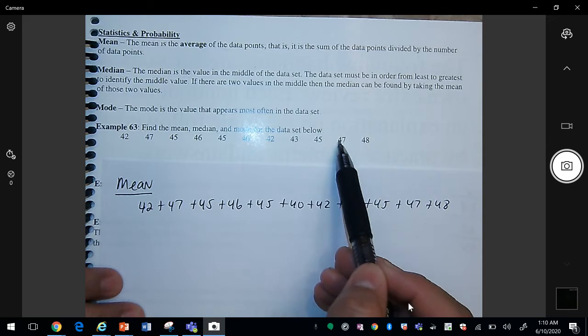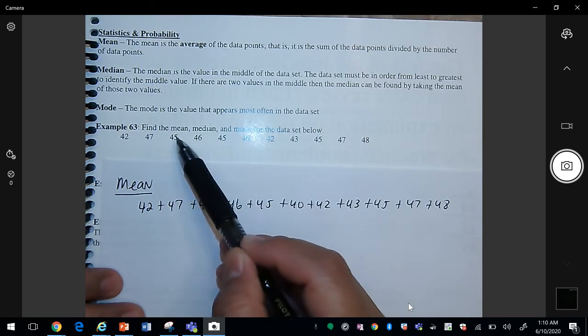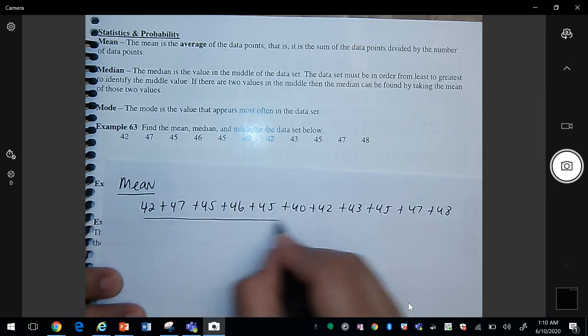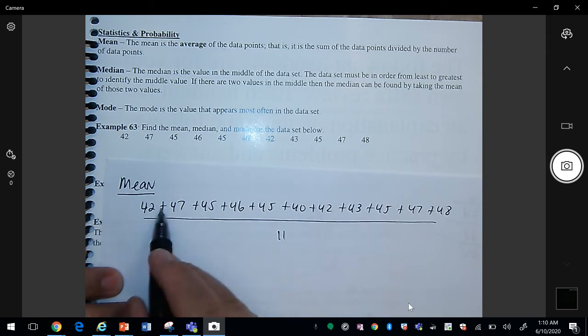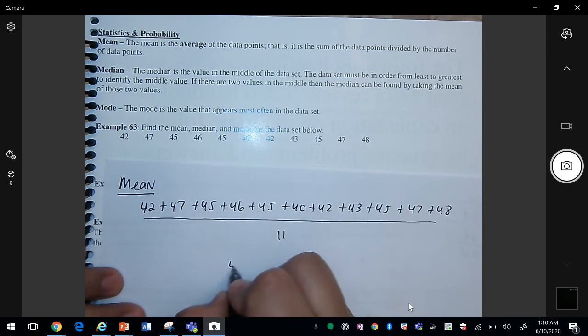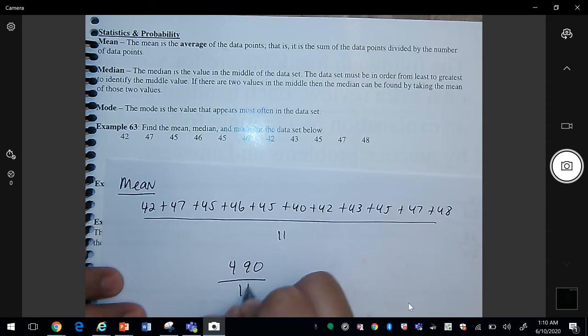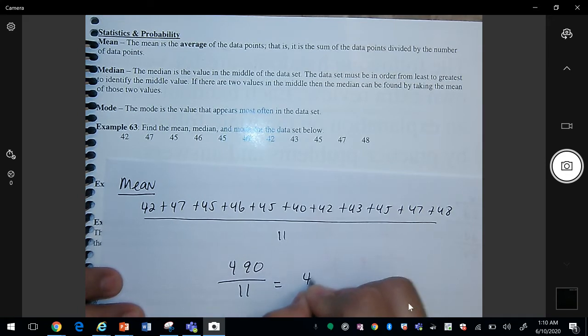So there's 1, 2, 3, 4, 5, 6, 7, 8, 9, 10, 11. If we add all these numbers, we get 490 divided by 11. So the mean will come out to 44.5.